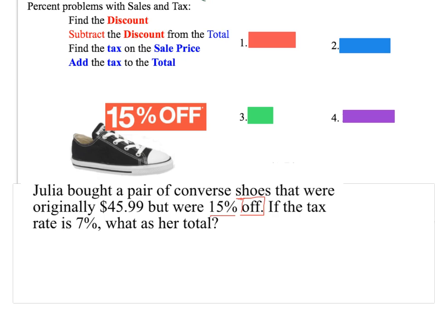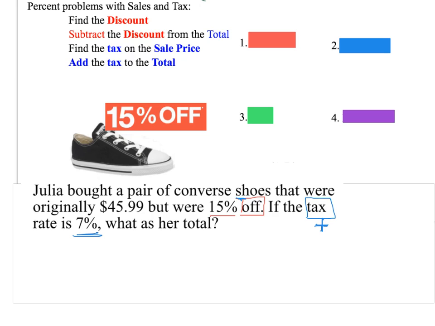Then I also see tax is 7%, and I know tax means I'm going to have to add. So I have 2 percents. That means I'm going to have 2 proportions. I see that I need to be subtracting something and then adding something. So this is a 4-step problem.